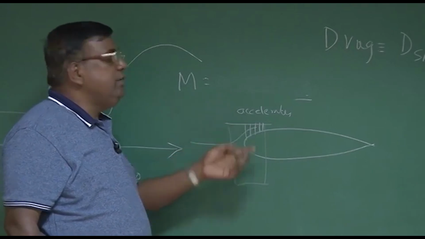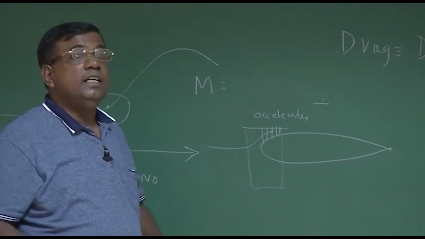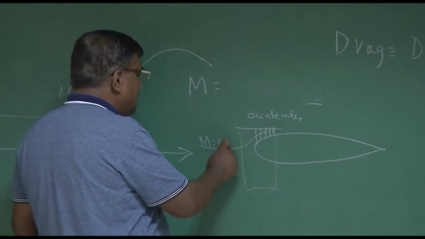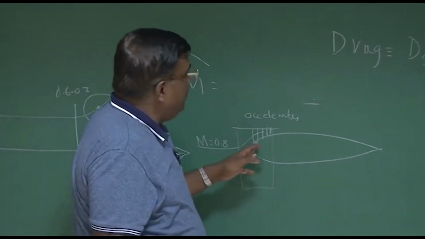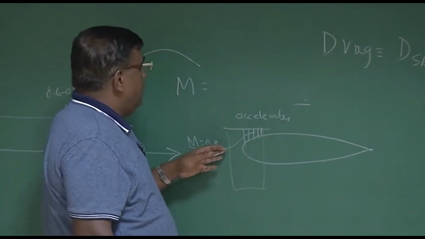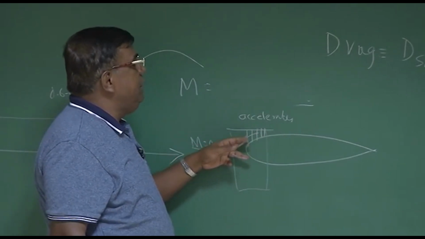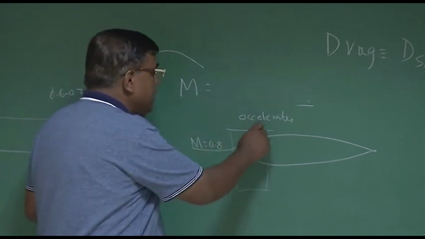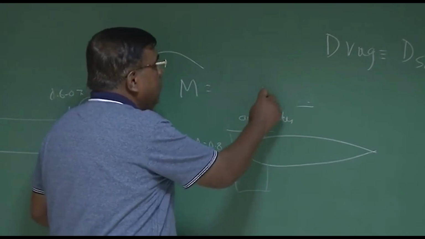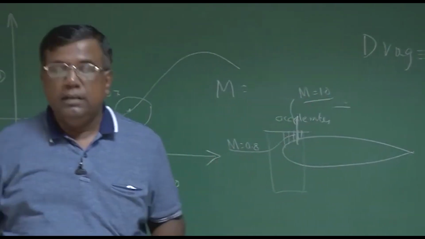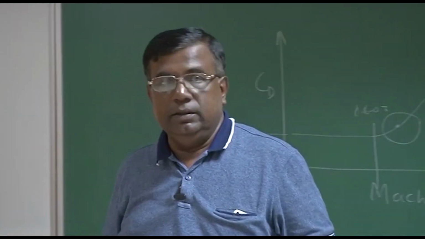So there is an increase in the Mach number or increase in the speed. Now suppose somewhere here it is 0.8 and we have wrongly designed the aerofoil, and at certain point, because the speed is going to increase, it is reaching Mach number equal to 1. Then there is a sudden increase in the drag profile.